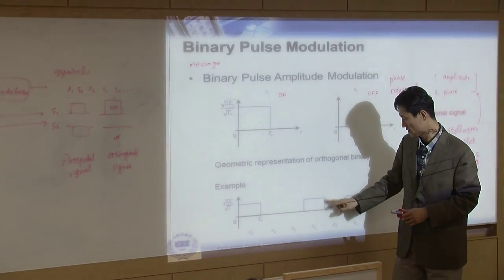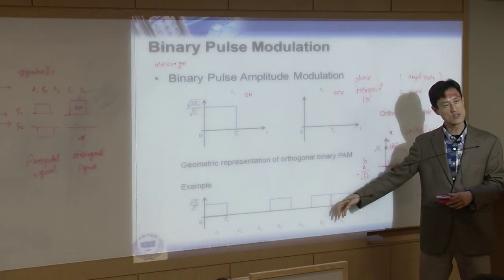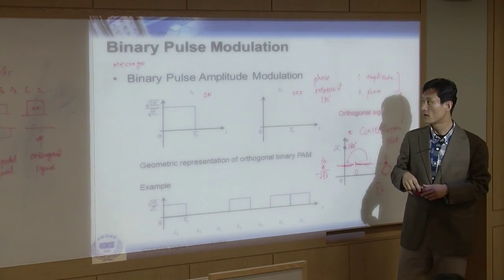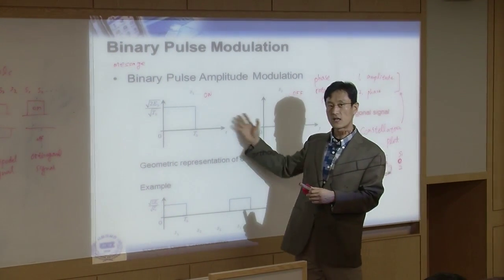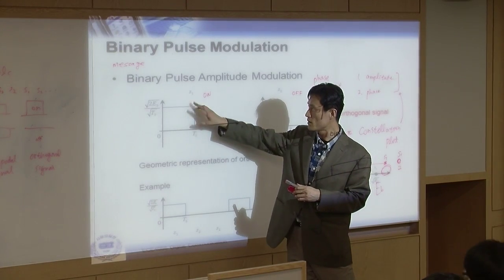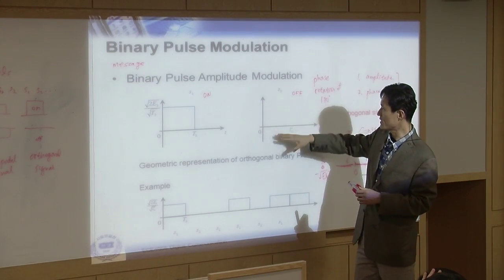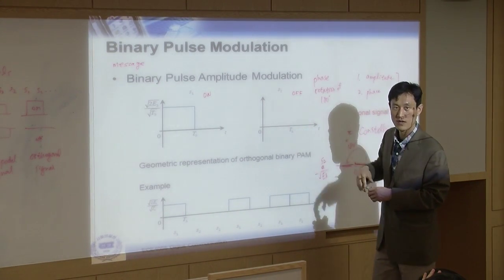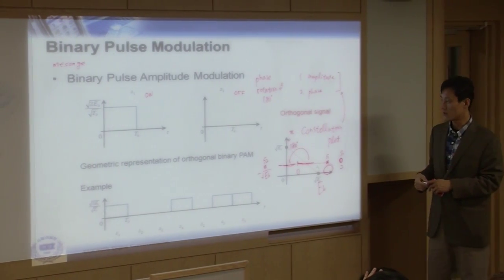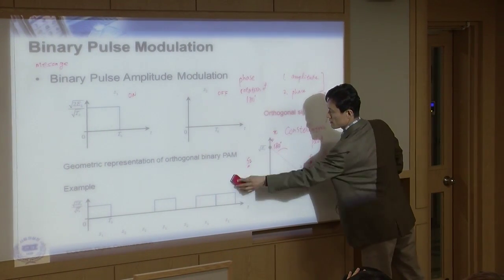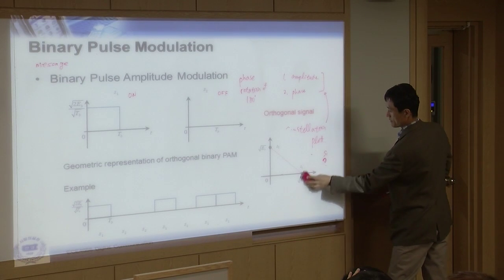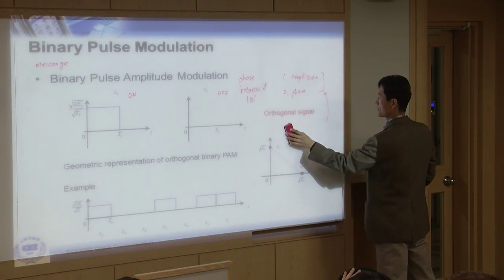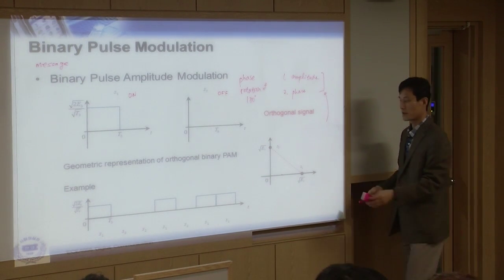Off, on, off. We can do it this way, on-off type. So that's another way of mapping. S1 means on, S2 means nothing. Nothing means off. What if we draw this one in the constellation plot? Same way. This is a constellation plot.